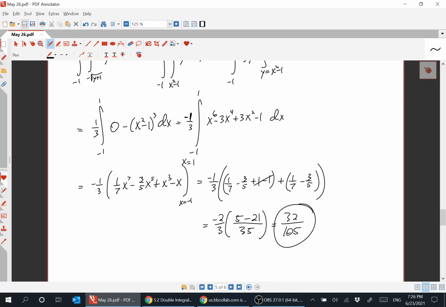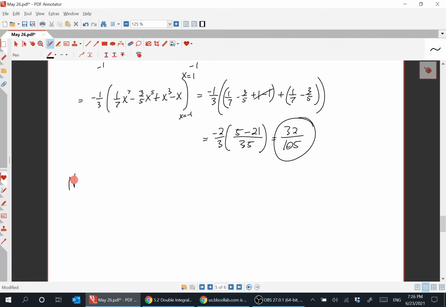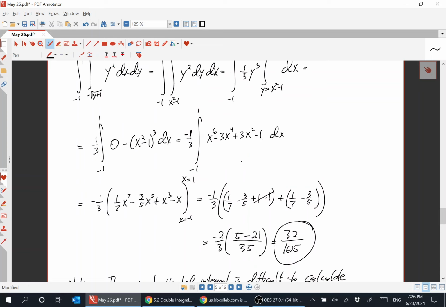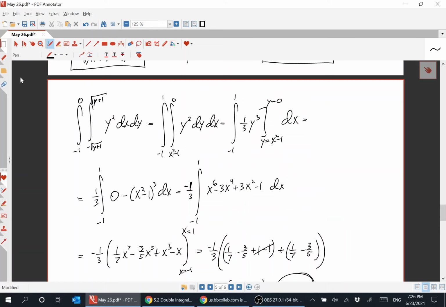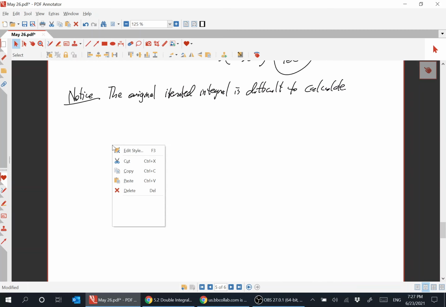Notice that the original integral is difficult to calculate. This one wasn't bad. It's just polynomials. But let's look at this one. Let's do the first iteration, and then you'll see how nasty it is.